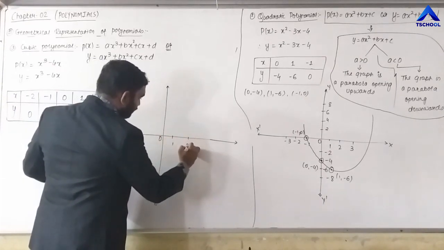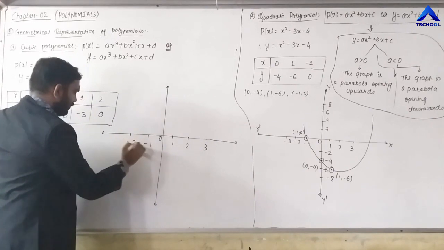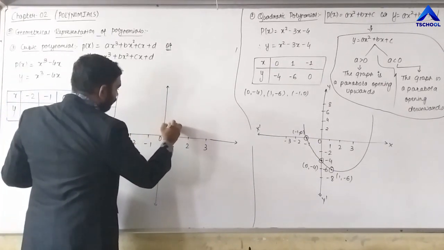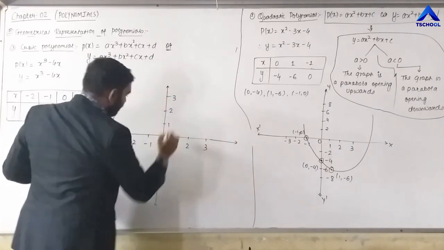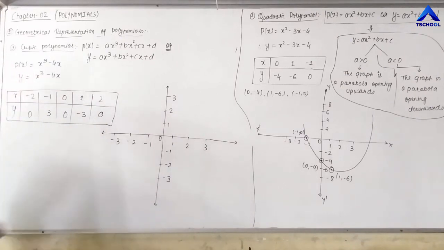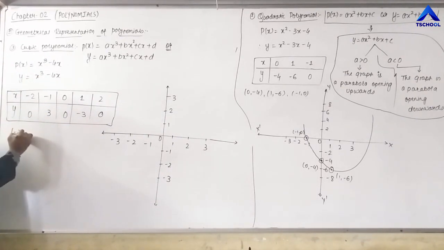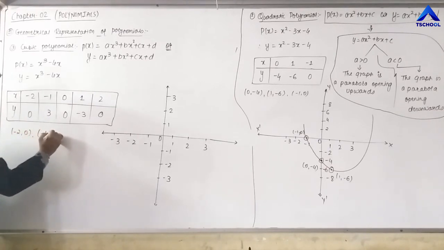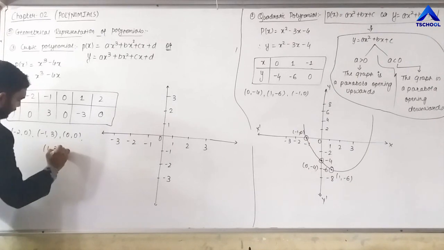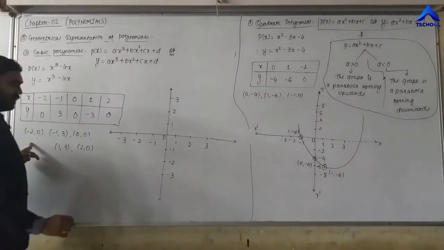On the y-axis we need 1, 2, 3, minus 1, minus 2 and minus 3. Right. So the ordered pairs that we get here are minus 2, 0; minus 1, 3; 0, 0; 1, minus 3; and 2, 0. So let us plot them.